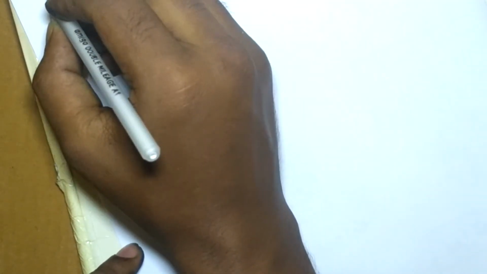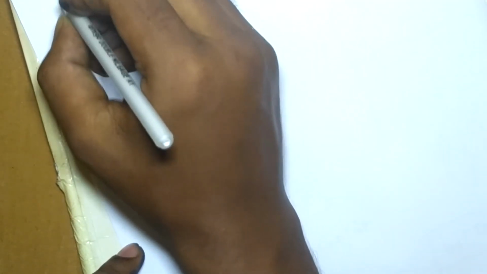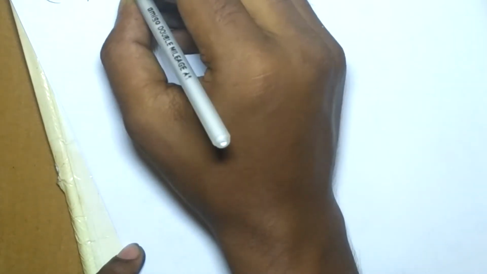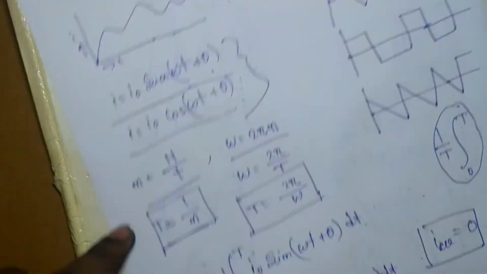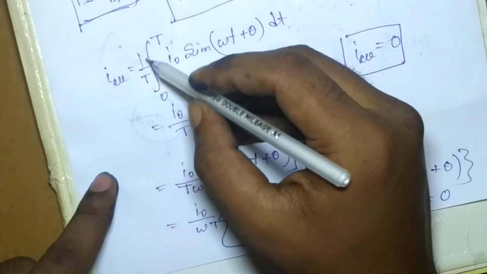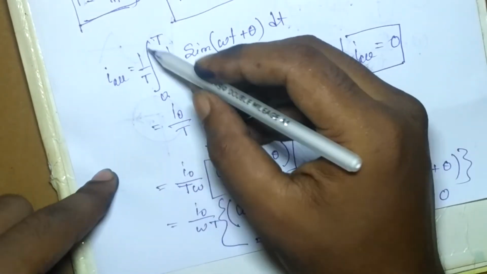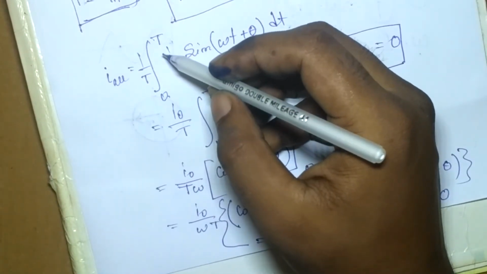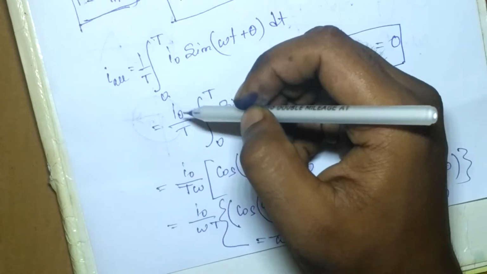Now we will try to study the mean value for T by 2. So I_AV for T by 2 equal to, as I said in my previous deduction, 0 to T, 1 by T. At that time we were calculating the average value for the total time period.